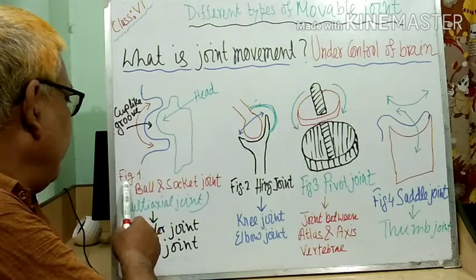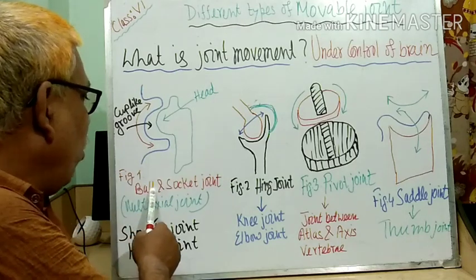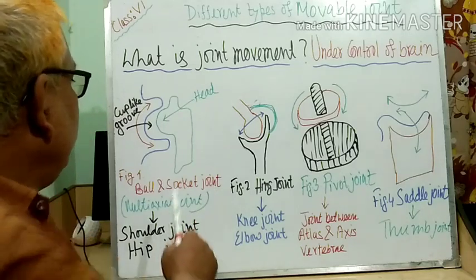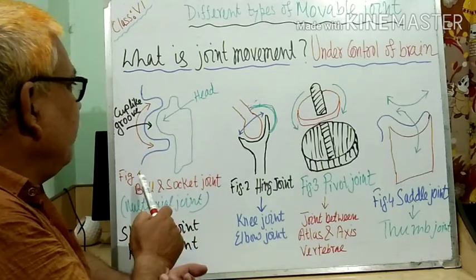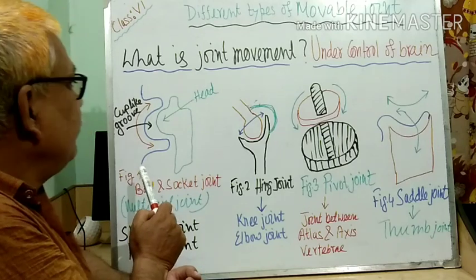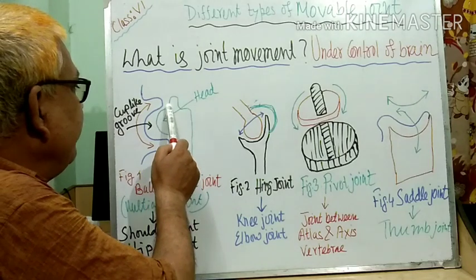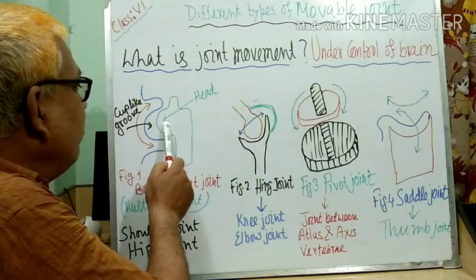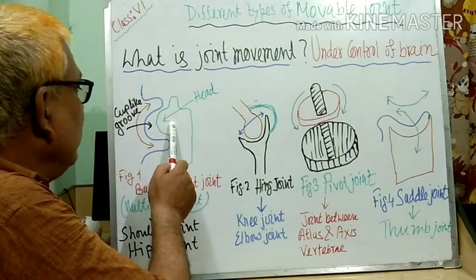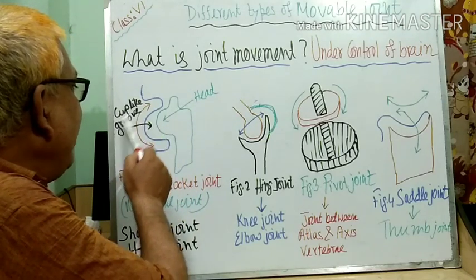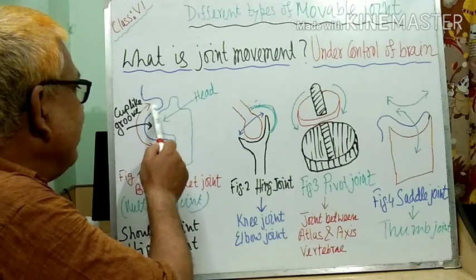Number 1, here figure 1, ball and socket joint. This is the picture. Look here, the round head of a bone comes in contact with the cup-like groove of another bone.